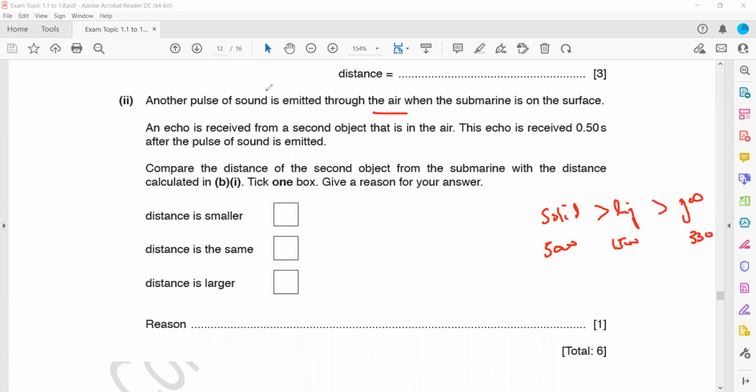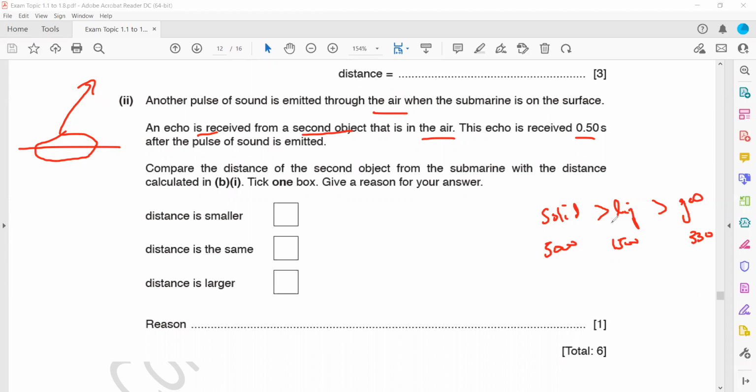So another pulse of sound is emitted through the air when the submarine is on the surface. An echo is received from a second object in the air after the same time interval, 0.5 seconds. Compare the distance of the second object from the submarine with the distance of the object which we calculated.